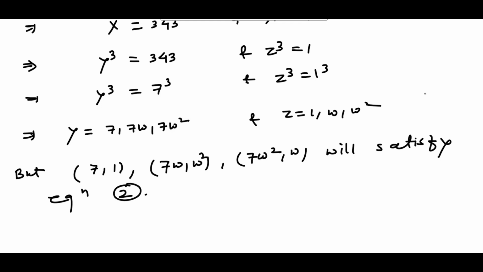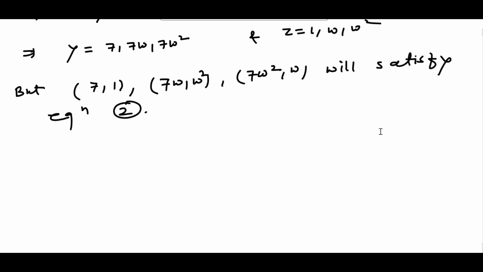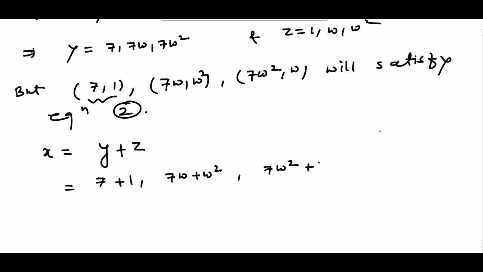So therefore, if they satisfy equation 2, then our roots x will be y plus z. So this value is equal to, taking the first pair, 7 plus 1. Second will be 7 omega plus omega square. Third will be 7 omega square plus omega.